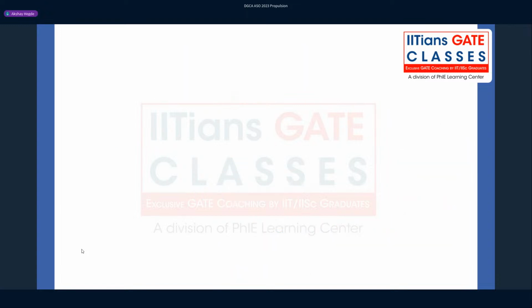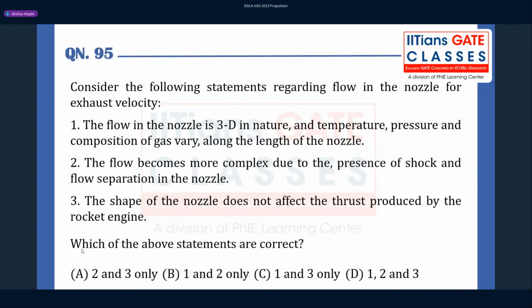Then we have a question. This is a very interesting question. They have given statements and we have to choose the correct statements among them. Consider the following statements regarding flow in the nozzle for exhaust velocity.